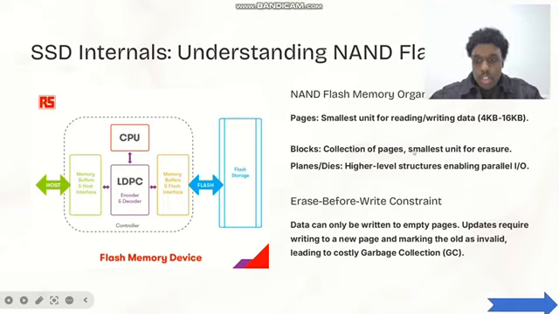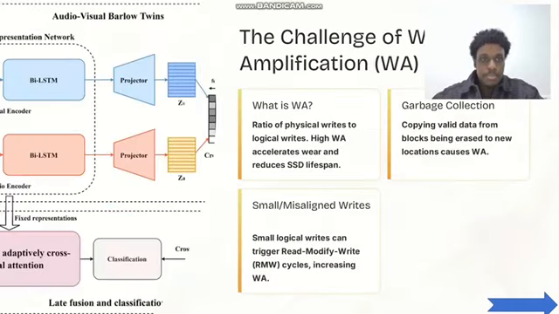A block is a collection of pages and the smallest unit for erasure, a balanced high-level structure enabling parallel input and output. Erase-before-write is a constraint: data can only be written to empty pages. An update requires writing to a new page and marking the old one as invalid, leading to costly garbage collection.